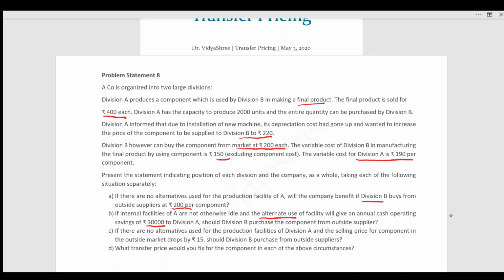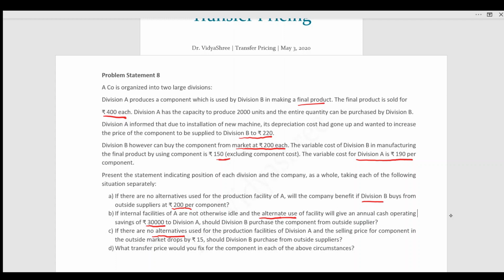The third situation says that here also there is no alternative use, just as in the first one, no alternative use in the case of division A. And division B is ready to buy the products from the outside market, but the outside market price has dropped by 15. What was that market price? It was rupees 200, which dropped by 15 is 185. So the price in the outside market will be 185.